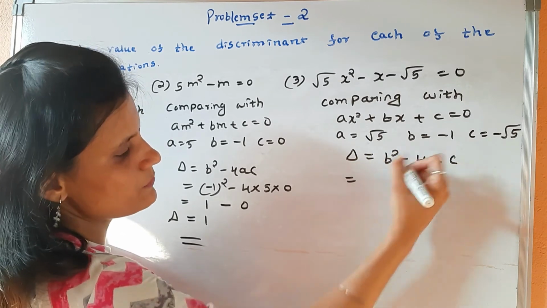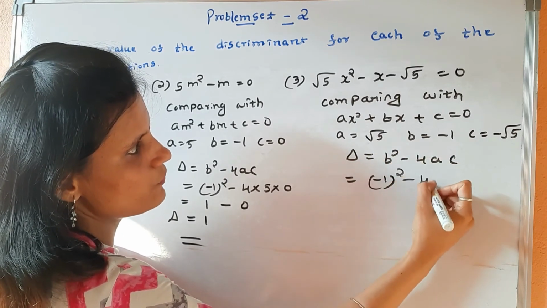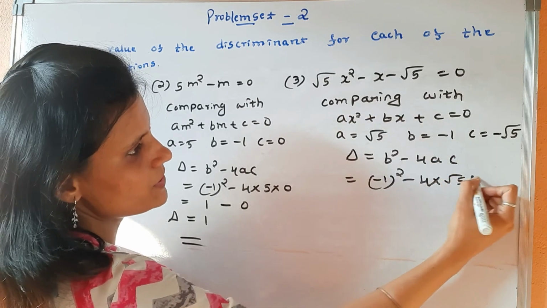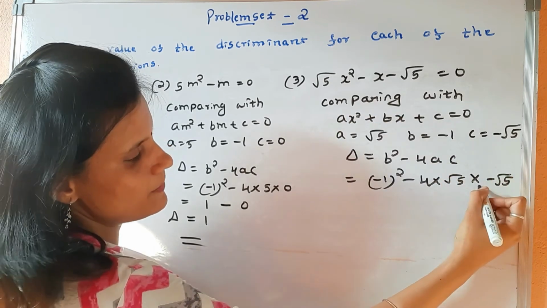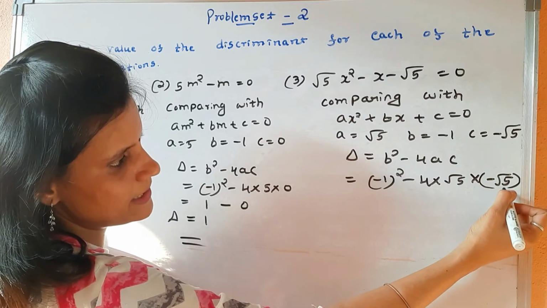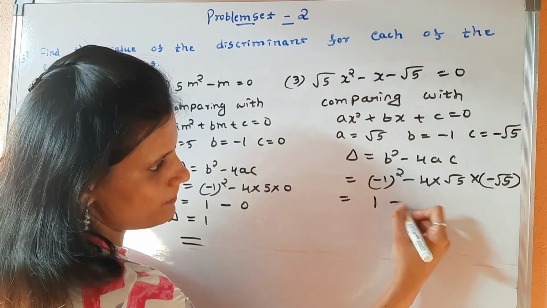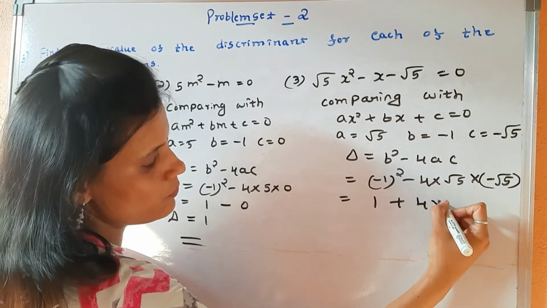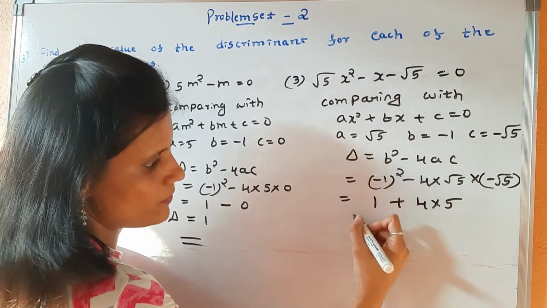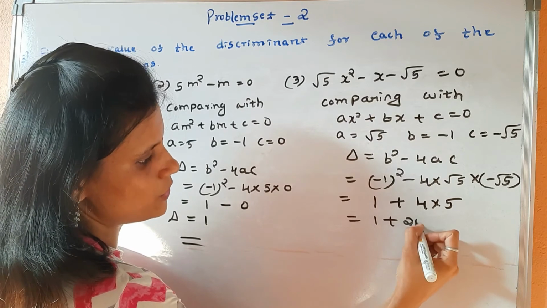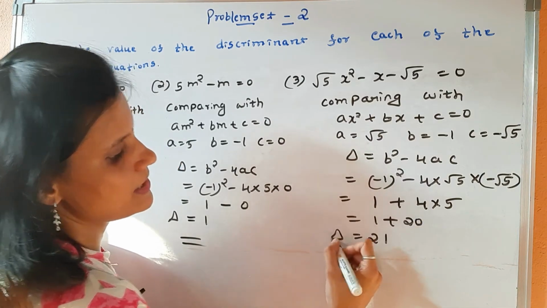What is b²? (-1)² - 4, a is √5, c is -√5. Here be careful, we have a sign, so I am writing in the bracket. (-1)² is 1, minus plus 4 into √5 into √5, you all know 5. So it will be 1 + 4 × 5 is 20. We are getting 21. This is the delta value.